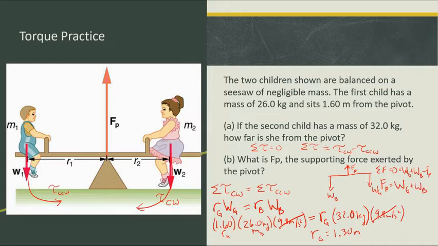So if I just went ahead and used 10 for this, that's going to end up giving me 260 plus 320. So 320 plus 260. And I'm just rounding this for the sake of this problem to be able to do it really quickly. And that's going to end up giving me 580 newtons is the force that needs to be applied by the pivot.